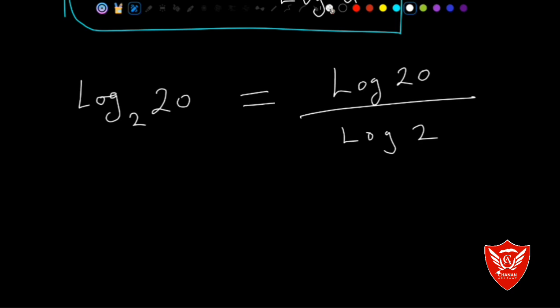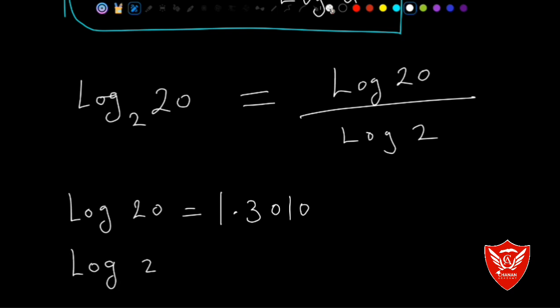Now, from the calculator, log 20 is equal to 1.3010, and log 2 is equal to 0.3010.